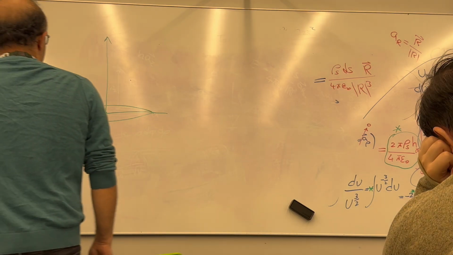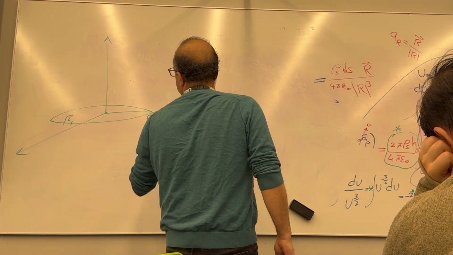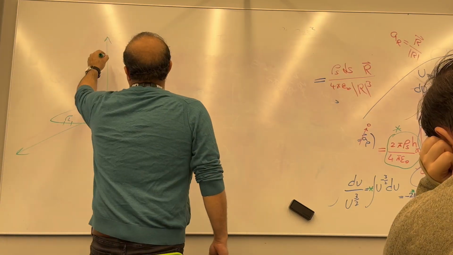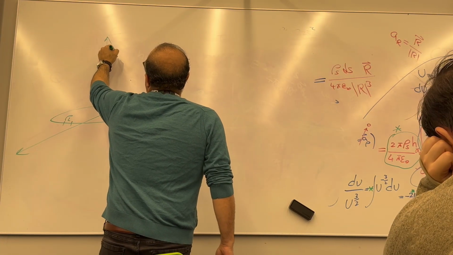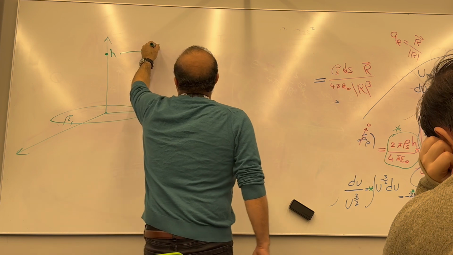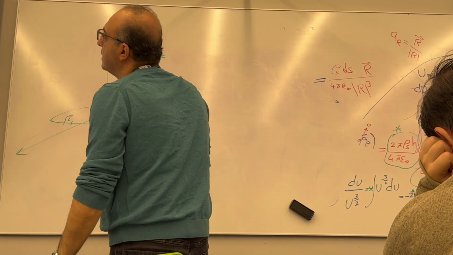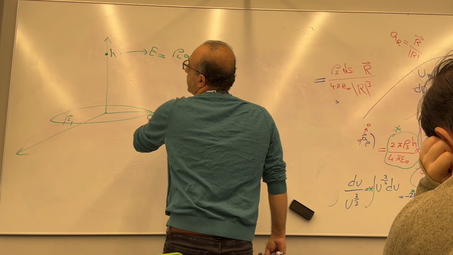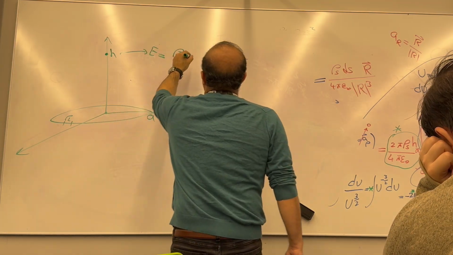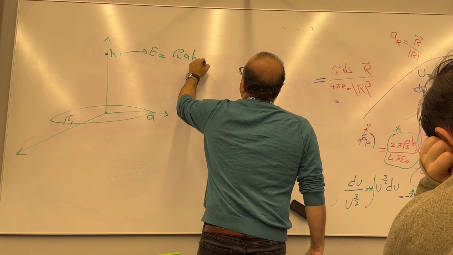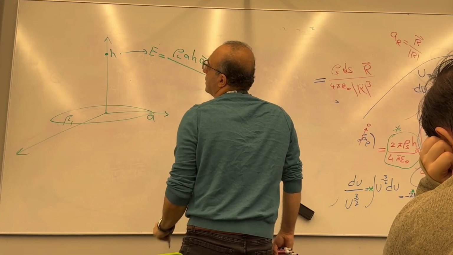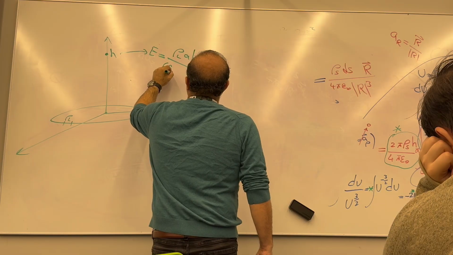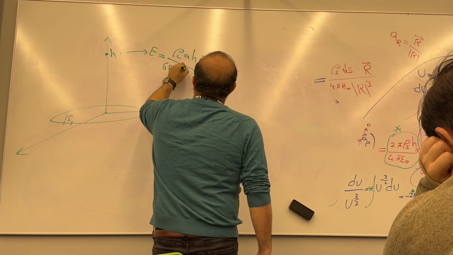The radius again is a. At the height h on the axis, the electric field is given by rho L a h over 2 epsilon 0 ... over 6 pi.